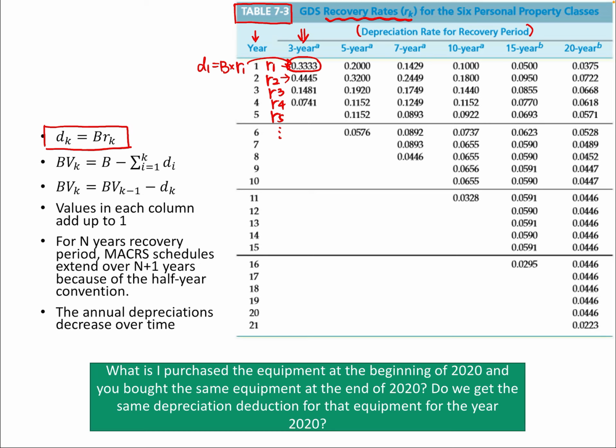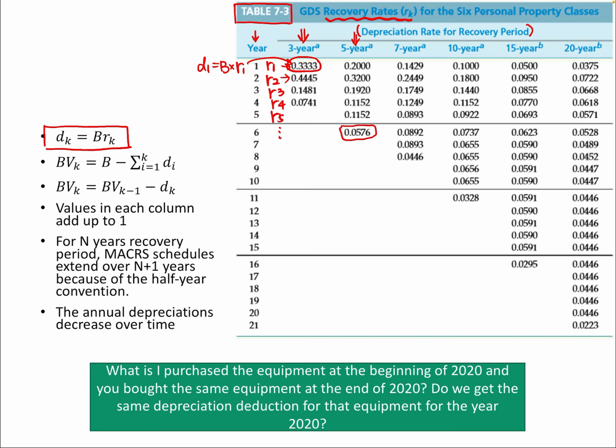You might wonder, wait, why would the 3-year depreciable products have R4? What happened to the 4th year? Because it can only be depreciated for 3 years. Why do you have R for the 4th year? And the same thing, for the 5-year column, you have 6 rows. So what happened to the 6th year?